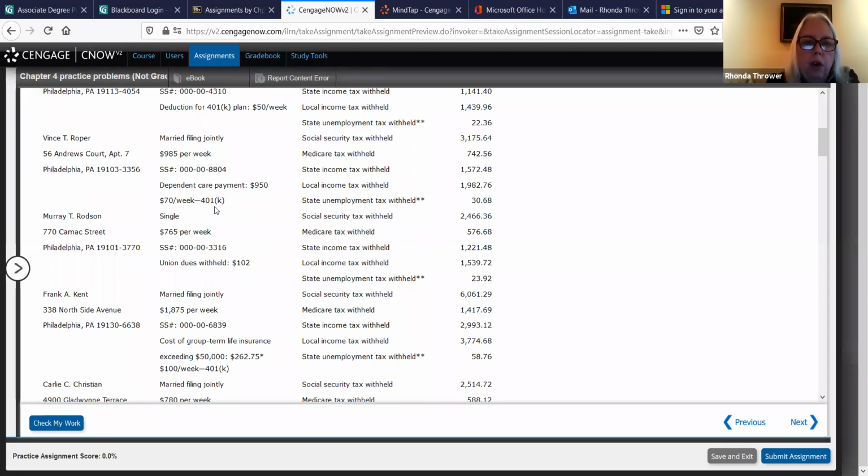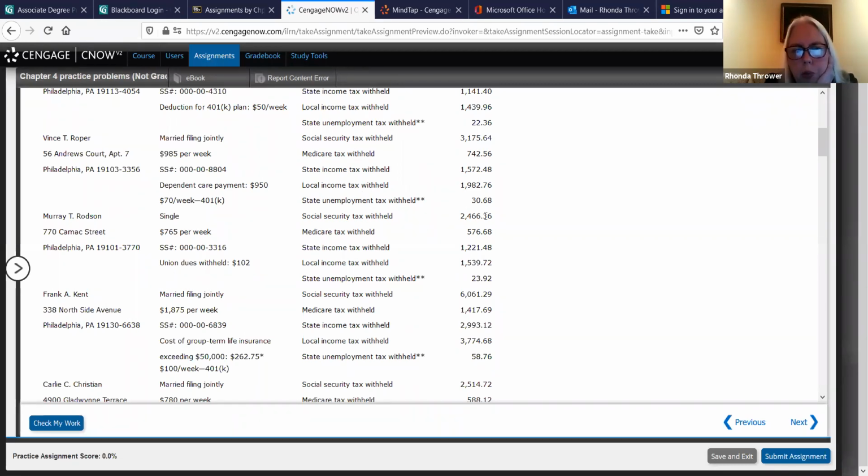Then he has the Social Security taxes withheld of this amount, Medicare of this amount, state income tax of this, local income tax of this, state unemployment taxes withheld are this. That's another other thing that we've got here. Actually, there's a box for dependent care payments, and so we'll put that in the box on the W-2 form.